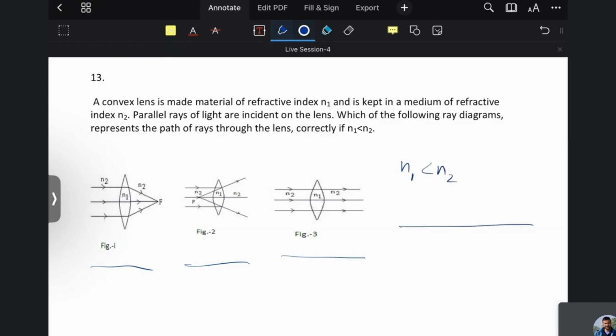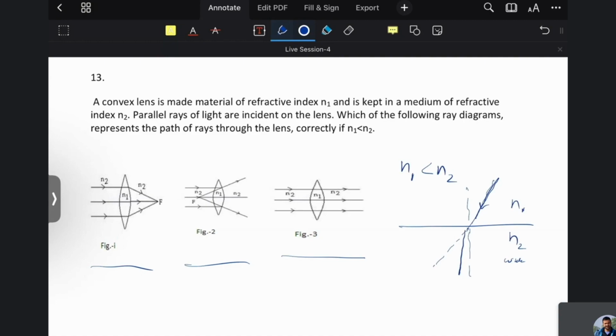Okay, I just told you the laws of refraction. If this is n1, this is n2, this is a denser medium like water, the light ray will come and get what? Deflected towards the normal or away from the normal? Towards the normal. Yeah, towards the normal.